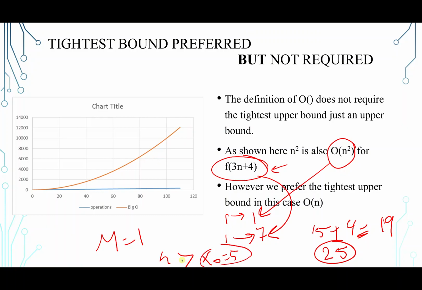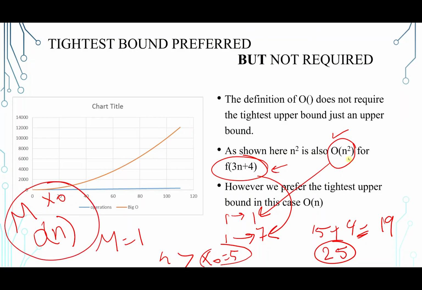Okay. Do we prefer to say we have big O of n squared? No. Because we can find big O of n, with a certain m and a certain x0, which is going to be tighter than big O of n squared.